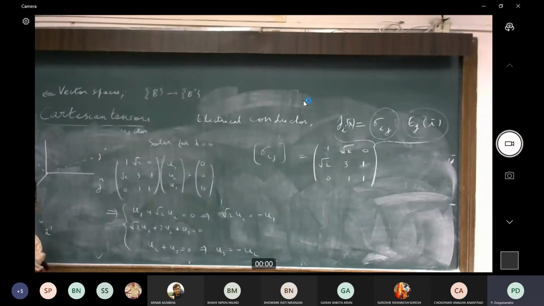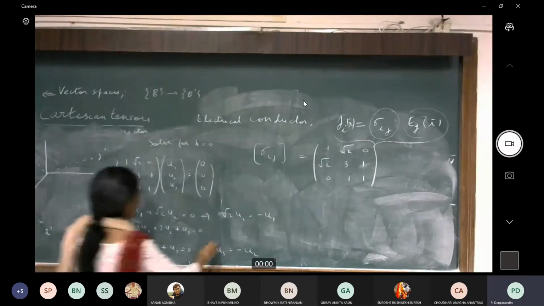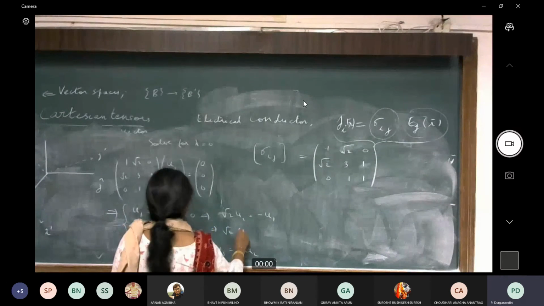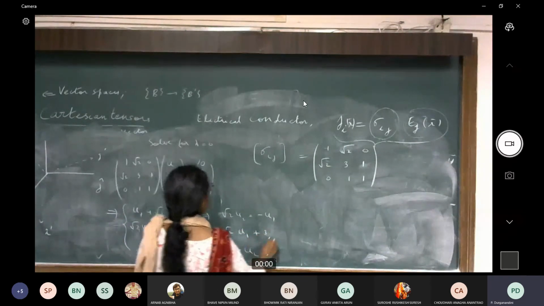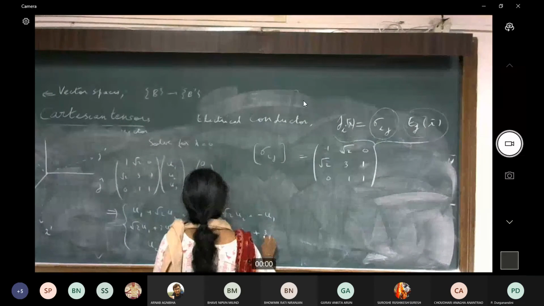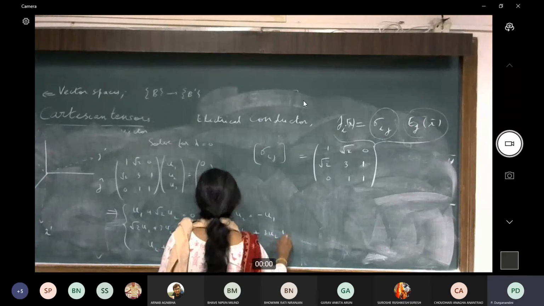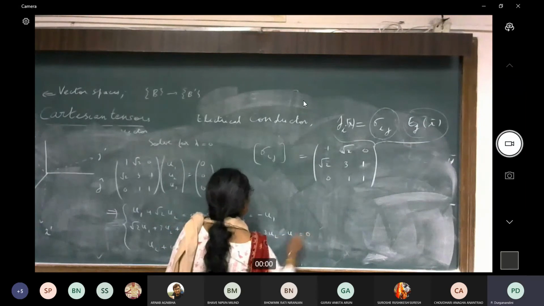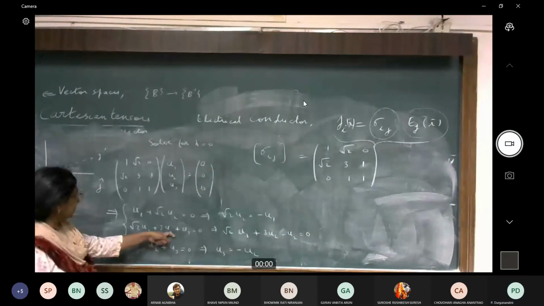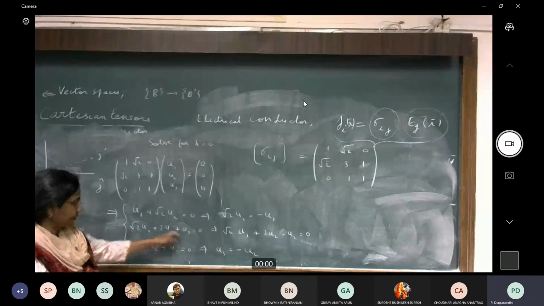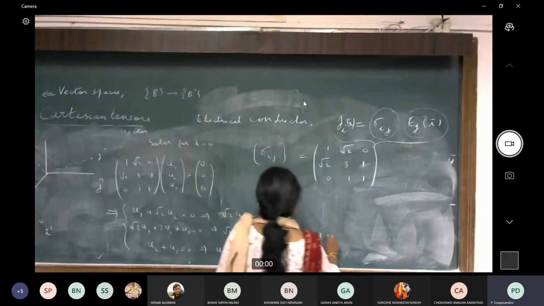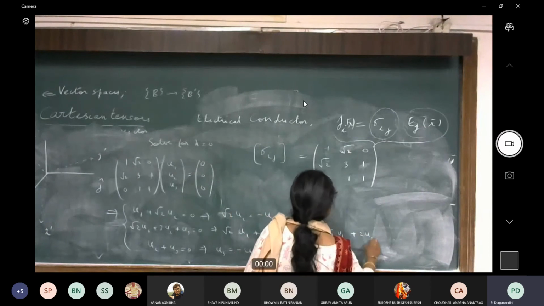And then from here you can see that this probably will be redundant, because I will get root 2 U1 plus 2 times root 2 equal to 0.